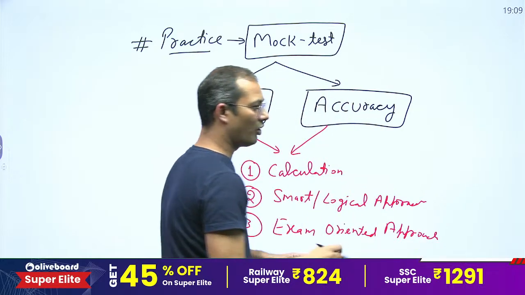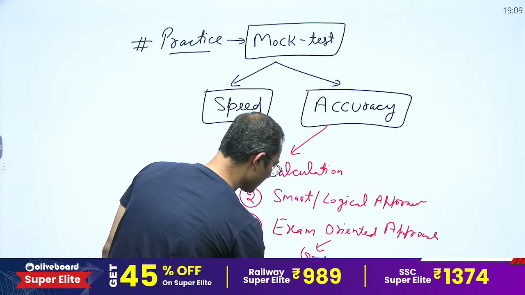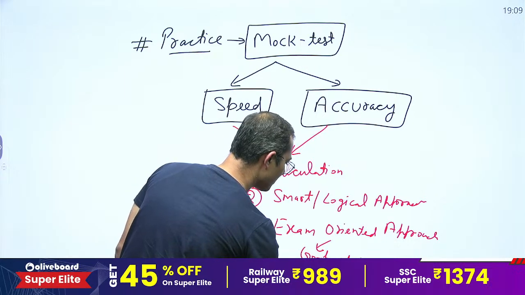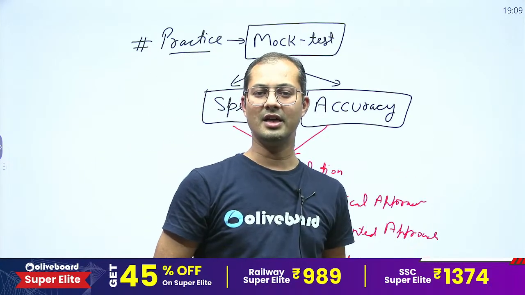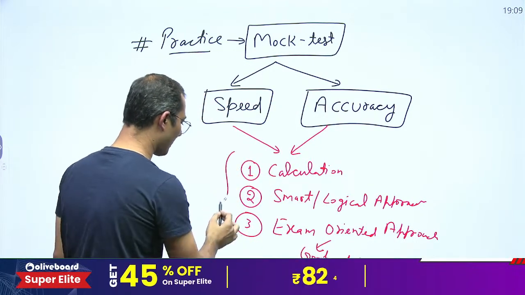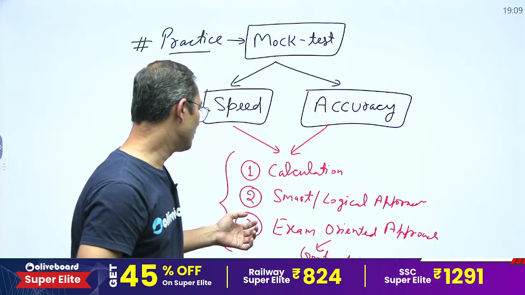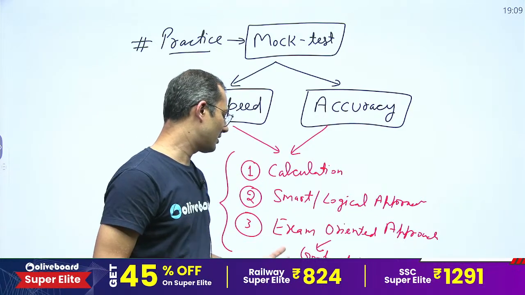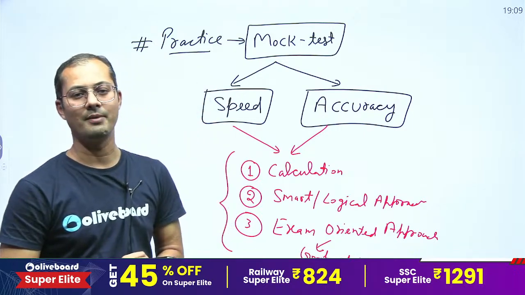It can be by option, go by choice. Just seeing the choice, seeing the options and reading the information, you can mark the answer. So you must be aware of all these three: be strong at calculation, have some logical and smart approaches, and have some exam-oriented approach.